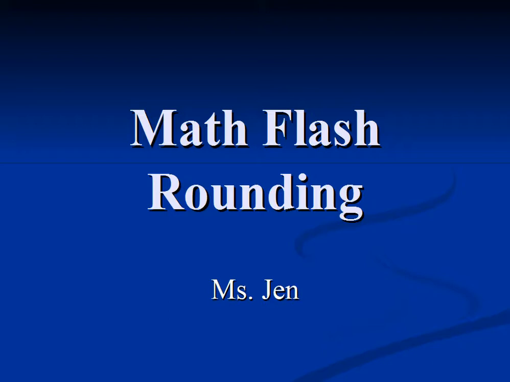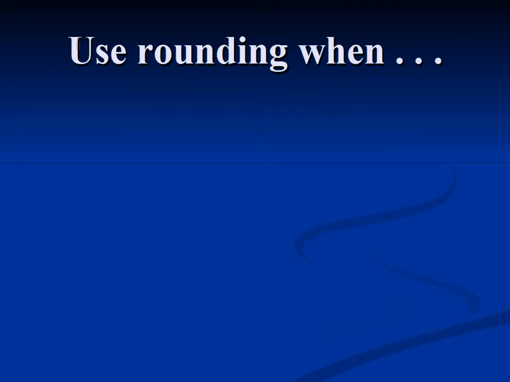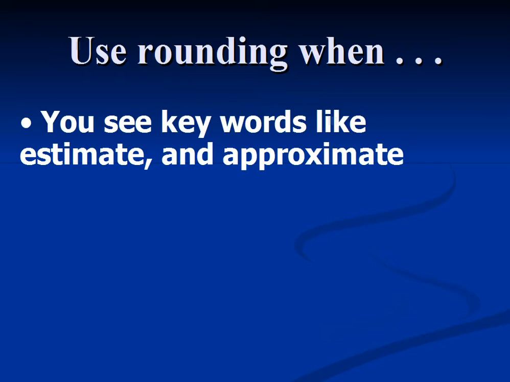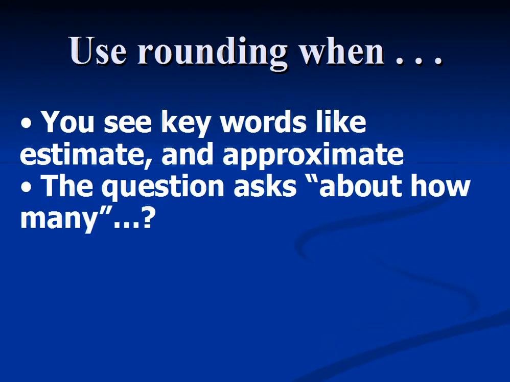So, rounding. You use rounding when you see keywords like estimate and approximate. Approximate, that's a big word, but estimating and approximate, you may see those in a sentence or a word problem. Also use rounding when the question asks about how many.